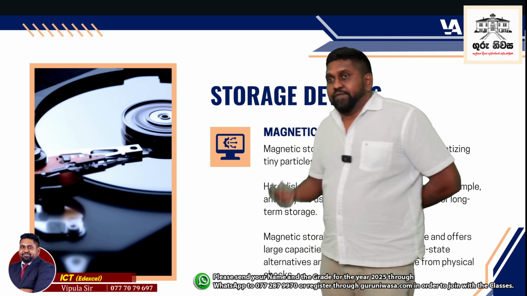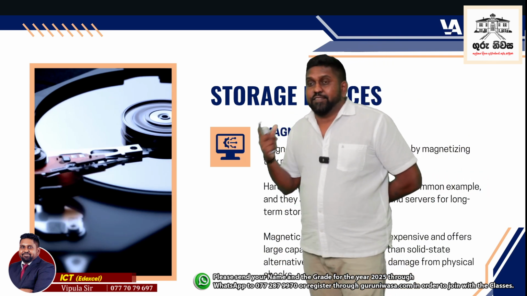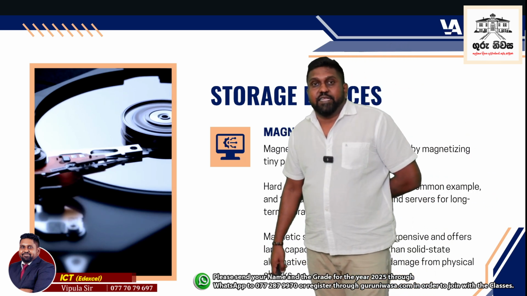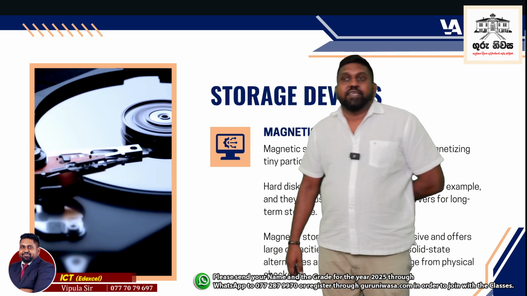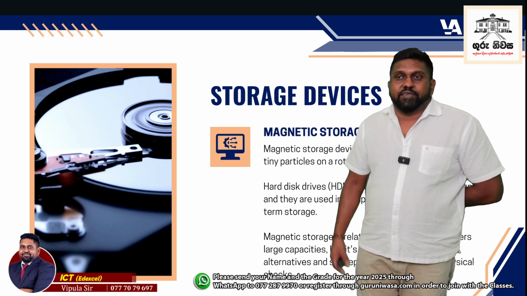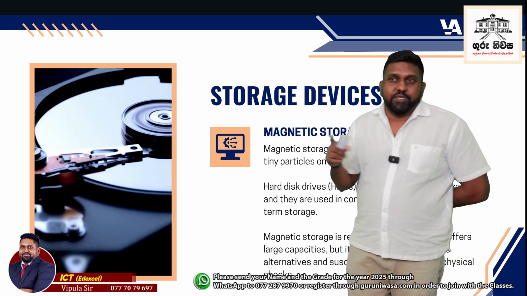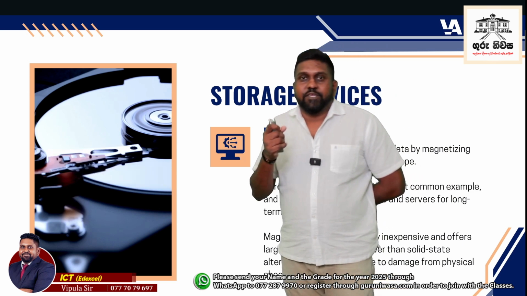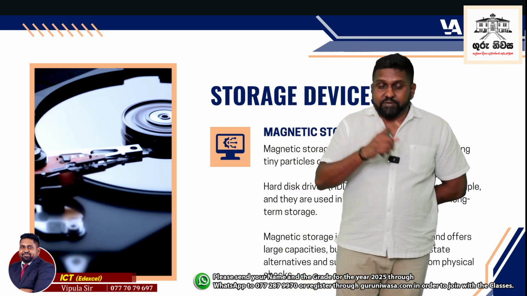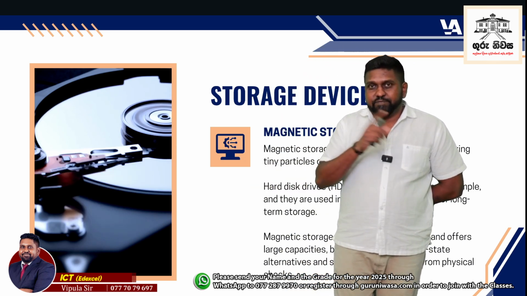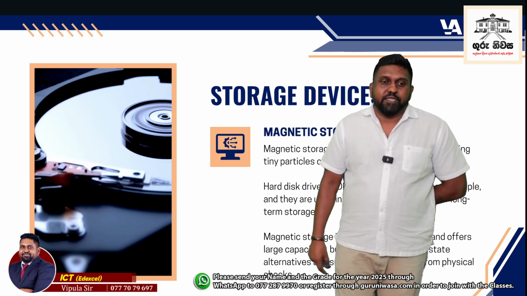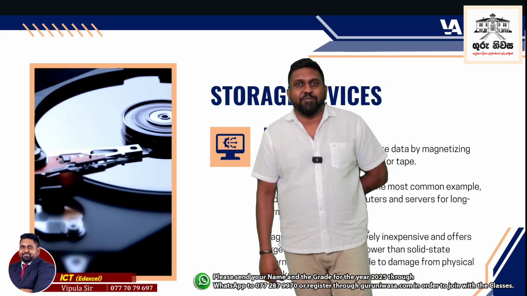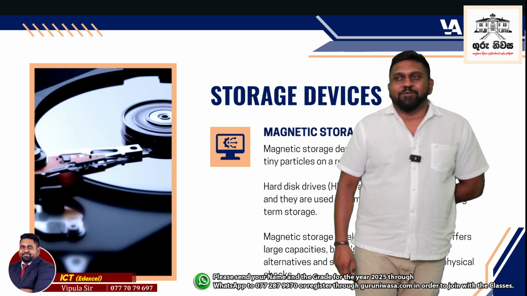You have a disk which rotates close to 7,200 rounds per minute, and while this is being rotated, the data is being written by this particular arm while it's moving back and forth, and it changes the magnetic polarity of that particular block. When that changes, the number automatically changes from 0 to 1, which will allow you to store some data.